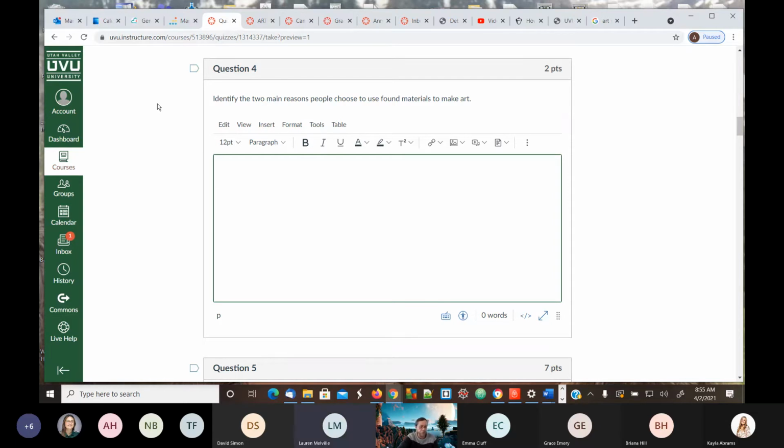Would the second reason have something to do with the meaning that we already associate those objects with? So when they bring found objects with specific meaning to the table, it's like shorthand, I guess, for whatever message you're trying to share. Well, I think what you're talking about is a different facet to the other answer.